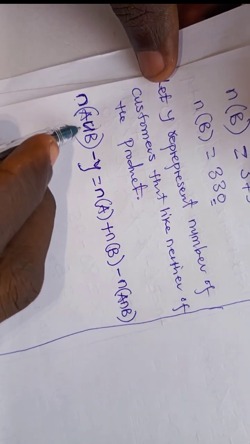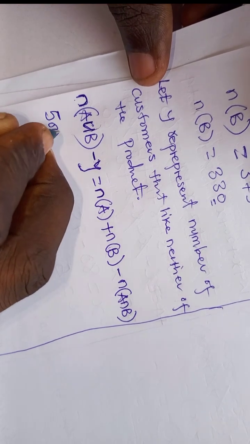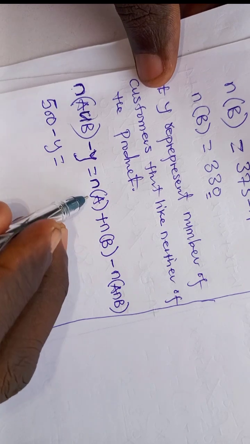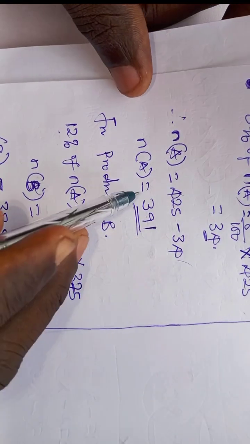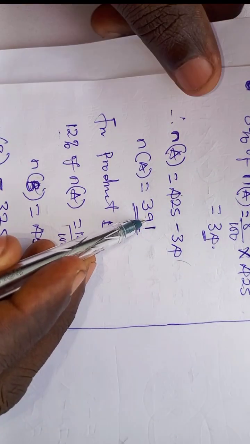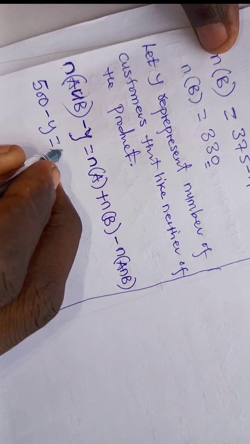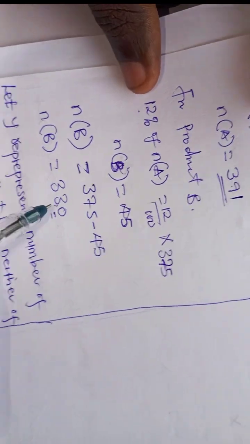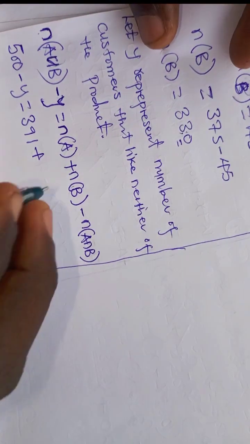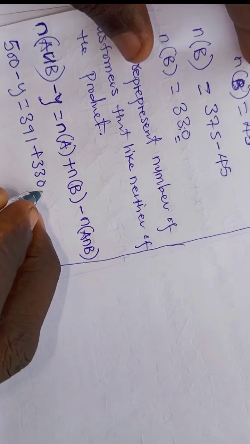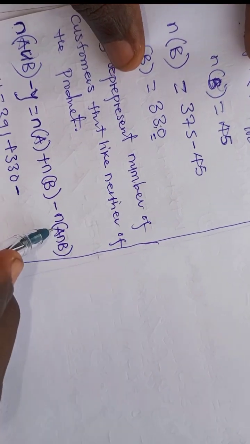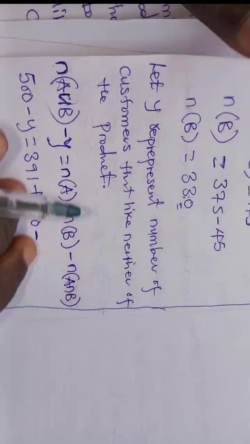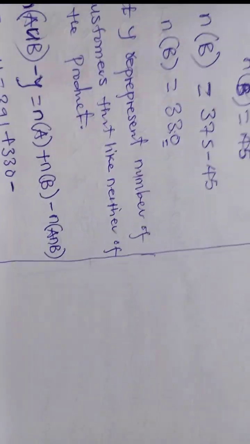So the number of A union B is 500 minus Y, which should be equal to the number of customers that like product A, which is 391, plus the number of customers that like product B, which is 330, then minus the number of A intersection B. Don't forget we were given A intersection B in the question.